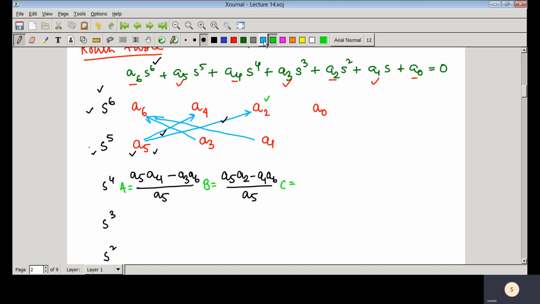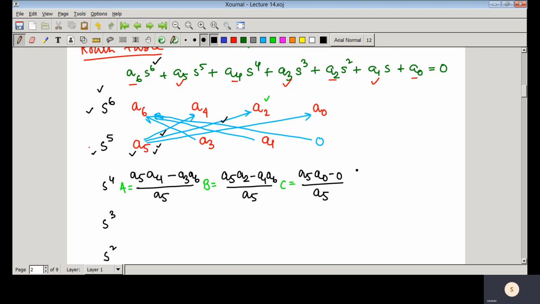For the third term in this column, we have a5 into a0, then minus 0 multiplied by the next one, divided by a5.